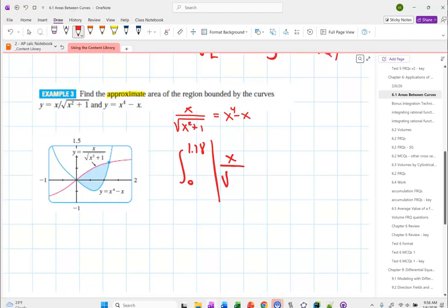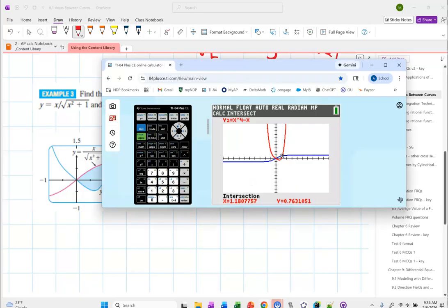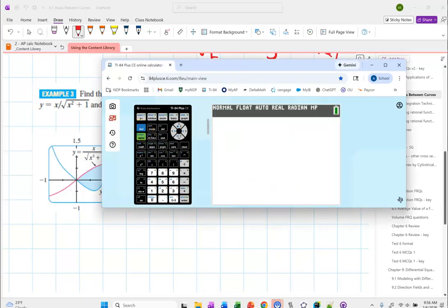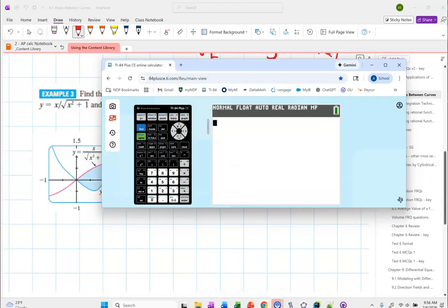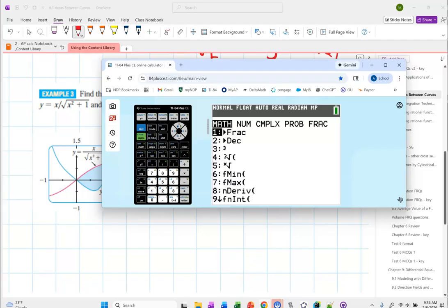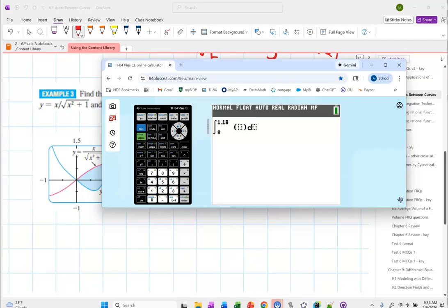I'll do that. And this is going to get kind of messy to type in. So what I'm going to do, I've already saved these guys into y1 and y2. So math, fnInt 0 to 1.18.